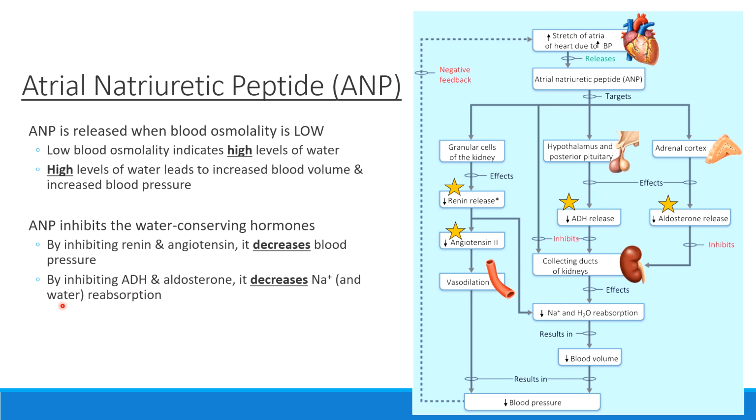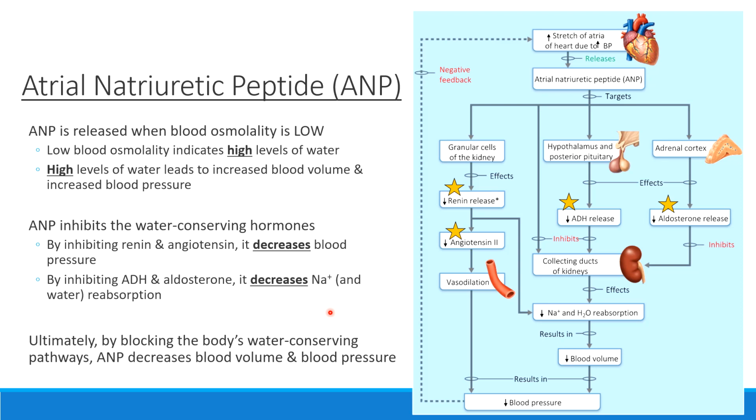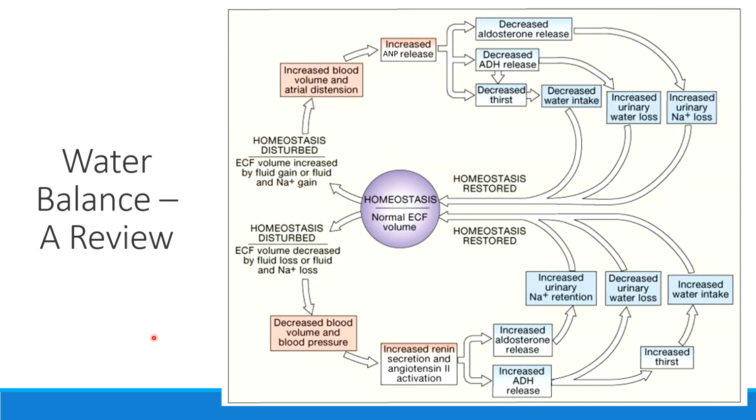So taken as a whole, the goal of this system is to get the body's water content lower. By blocking water conservation, by actively increasing the rate of getting rid of water, we'll return back to a homeostasis state. So let's look at this all in one image.